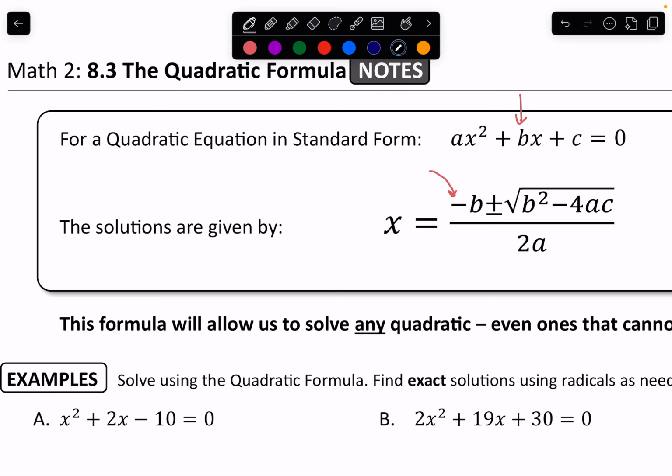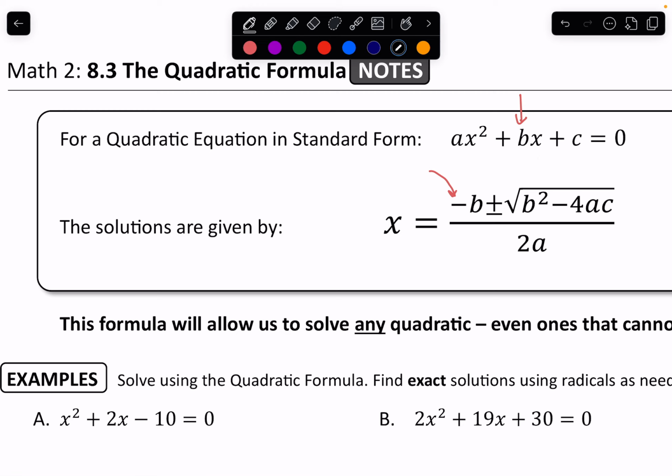So if my equation has a 3x right here, then my b is negative 3. But if my equation has a negative 6x, then that number in front switches to a positive. So you've got to be really careful that you switch that first number.